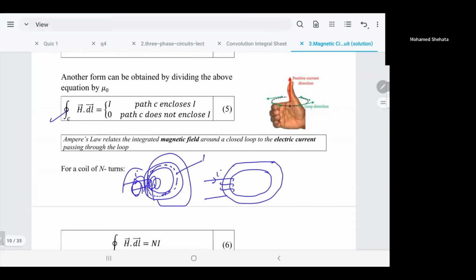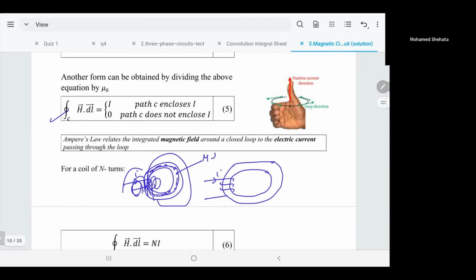That's where you can calculate H. So H dl, in this case, is H times L. What's L? L is the length of the path of this magnetic field. If you consider it a circle, you get the circumference of the circle. This is the length along which you want to calculate H.